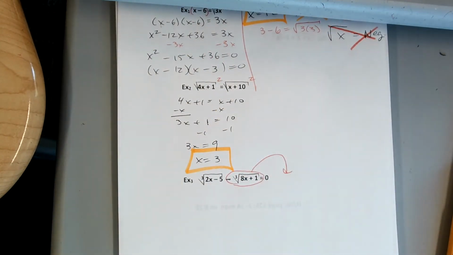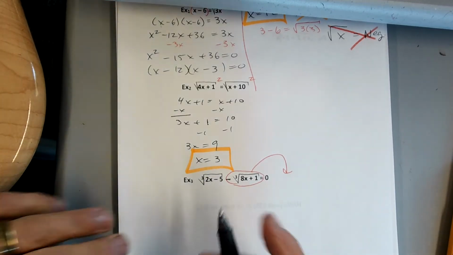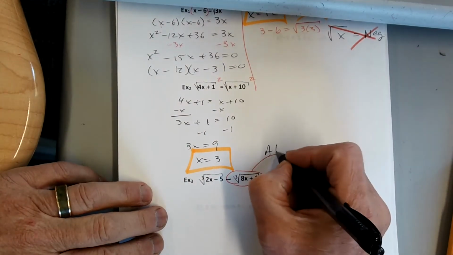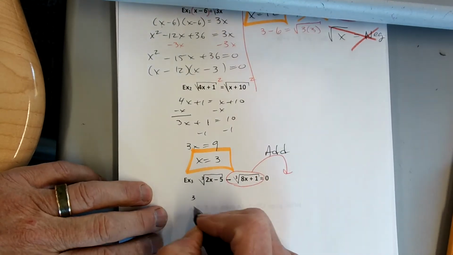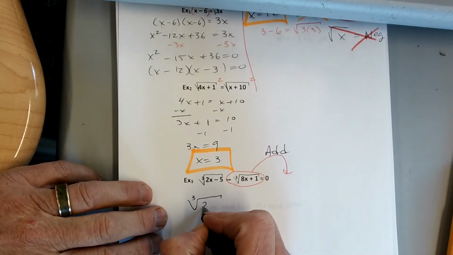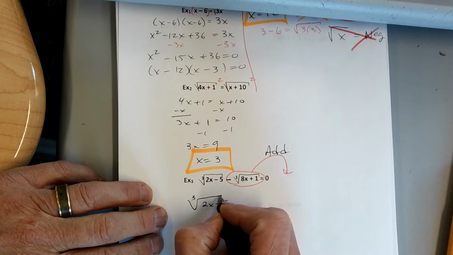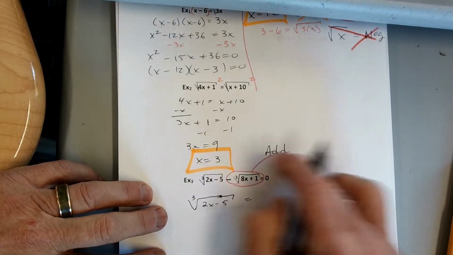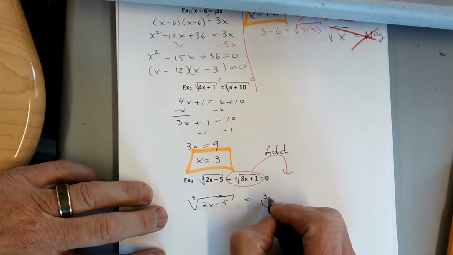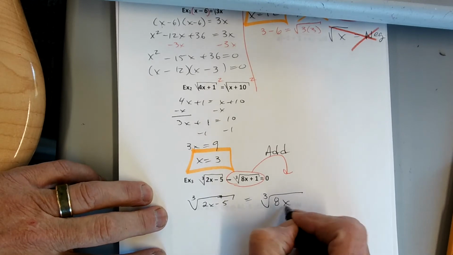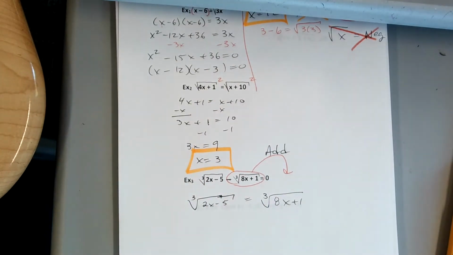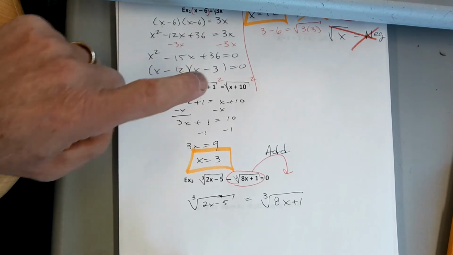So then I'll have a cube root equal to a cube root, okay? So then, let's see what I get. If I add this, I'm going to have the cube root of 2x minus 5 equals the cube root of 8x plus 1, okay? So just brought over to the other side, and then it's a problem just like example 2.